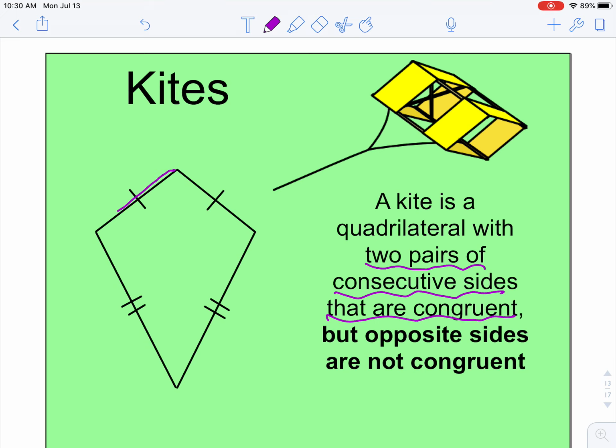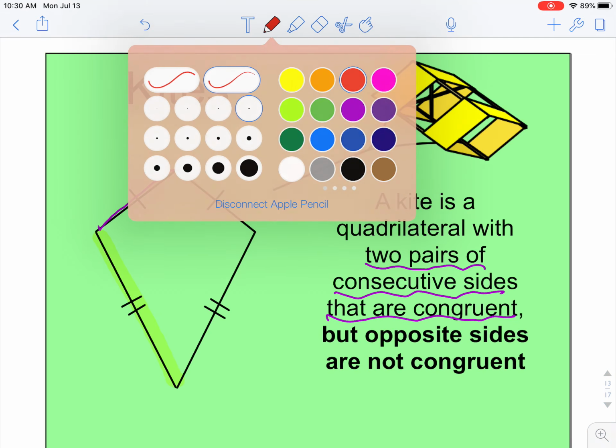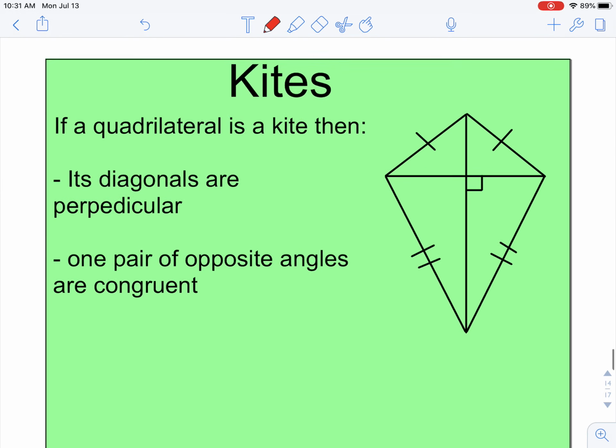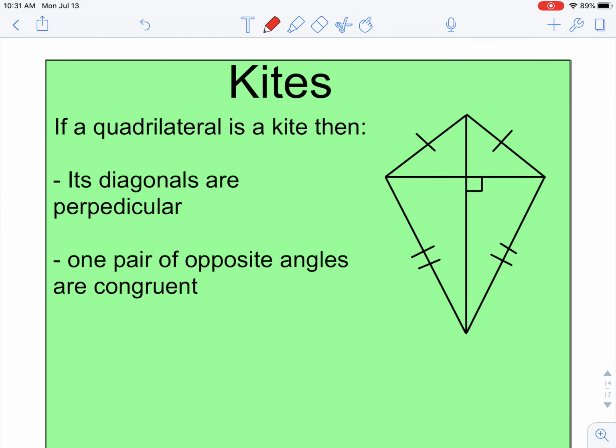So here's a pair of consecutive sides, here's one, and here's the other right here. Opposite sides are not congruent. That is the definition of a kite.